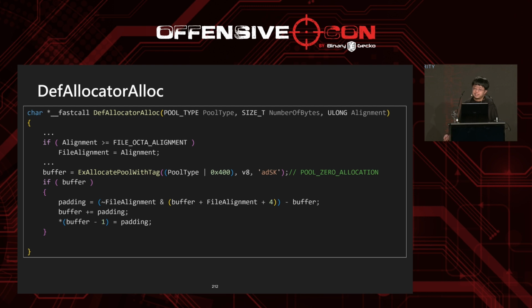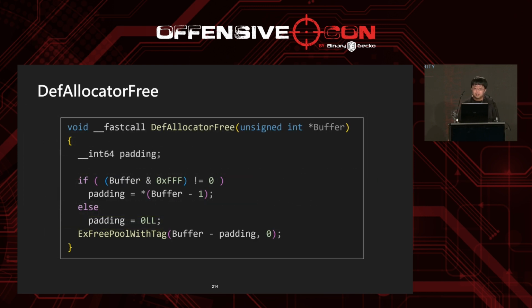It just calls ExAllocatePool to allocate memory. If an alignment mask is specified, KS adds a 4-byte value representing the padding size in front of the frame buffer. Then in the free routine, KS uses this padding size to calculate the original pointer returned by ExAllocatePool.